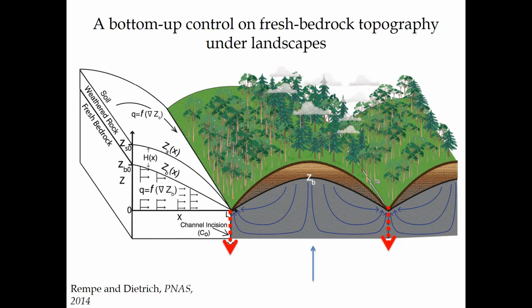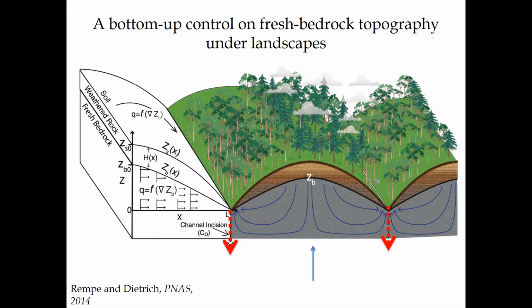In this paper, they were arguing that one of the controls on the depth to fresh bedrock is really just the depth of the unsaturated zone, the vadose zone. Essentially, weathering cannot occur in areas that are perennially below the water table because of lack of oxygen and other things that facilitate weathering. You really need some wetting and drying to facilitate weathering.